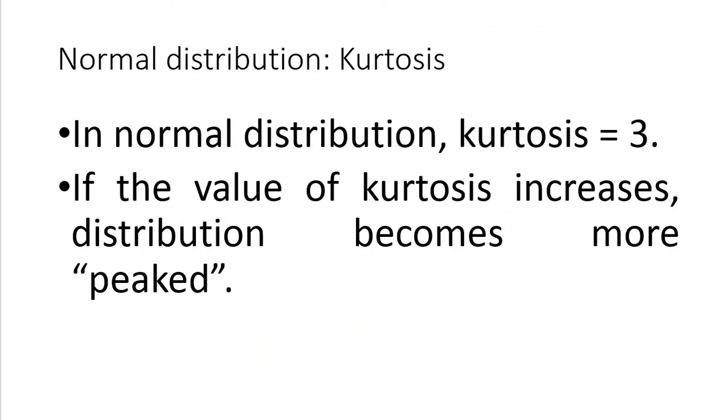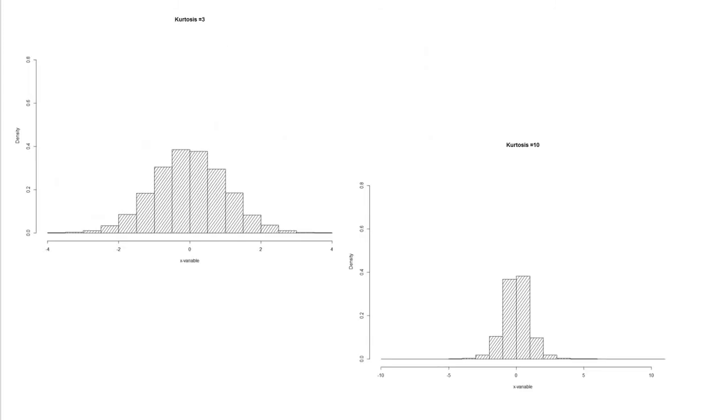When it comes to kurtosis, in normal distribution, it's always equal to 3. If we increase this value, then the distribution becomes more peaked. And this is an example. So this is the distribution with kurtosis equal to 3. And in this distribution, kurtosis is equal to 10. As you can see, it's much more concentrated around the mean value.